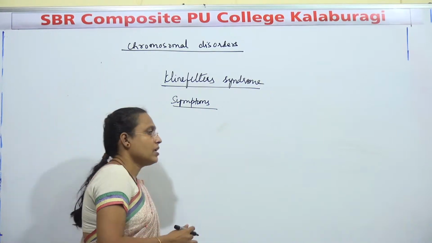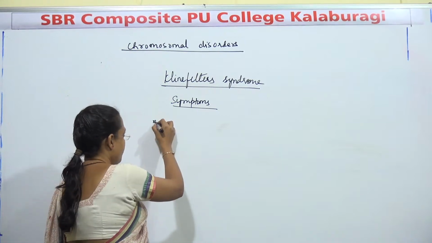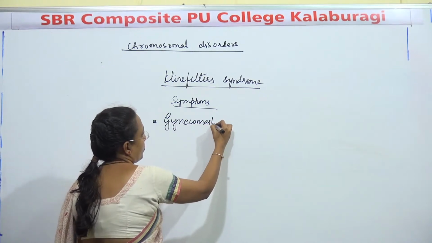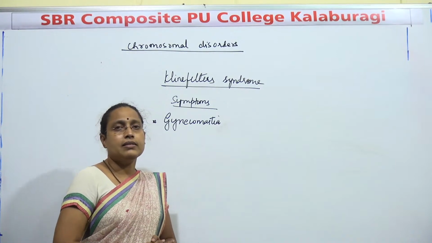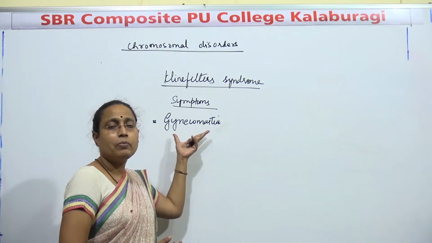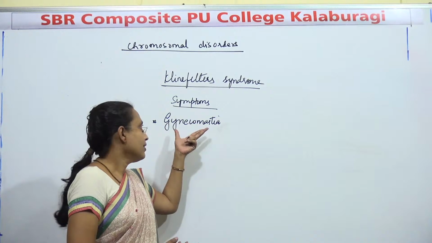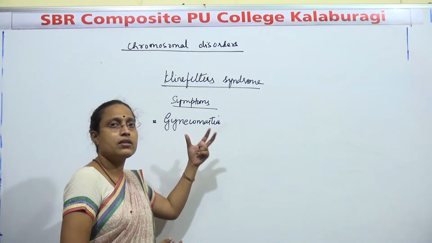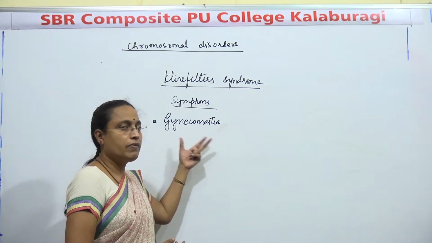The male can develop gynecomastia. Gynecomastia is the condition where there is breast development in a male. He will start getting female characters because there is one extra X chromosome, and that female character is nothing but development of breast.